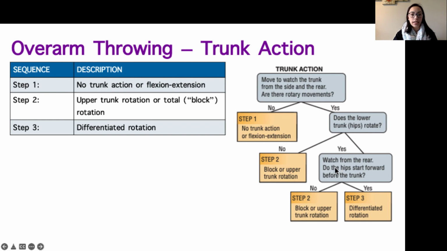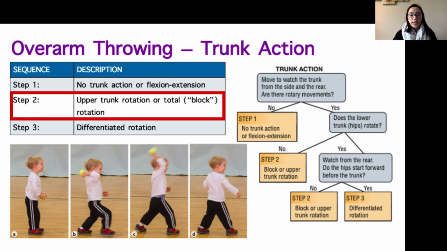No to this second question is more of the blocked rotation. So step 2 is characterized, again, by upper trunk rotation or total block rotation, where the spine and pelvis rotate away from the intended line of flight initially, and then simultaneously begin forward rotation as a unit or a block.